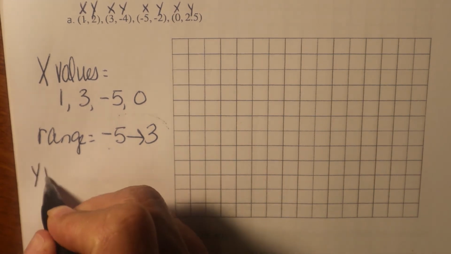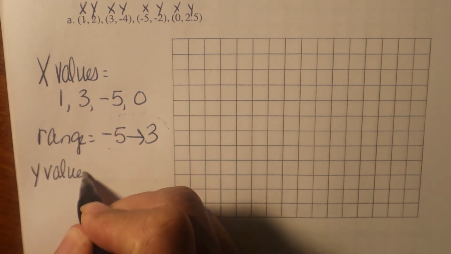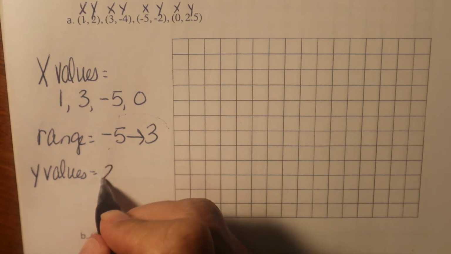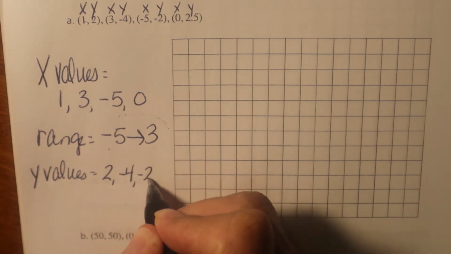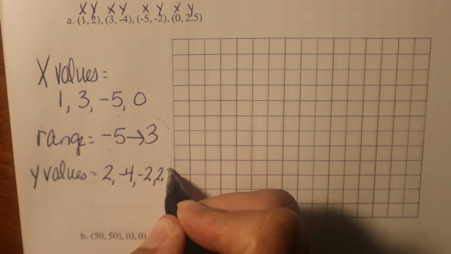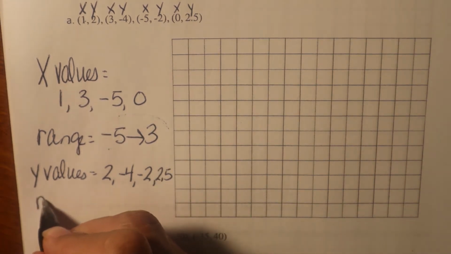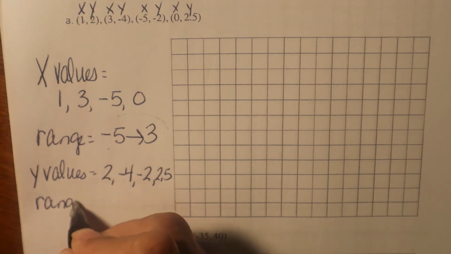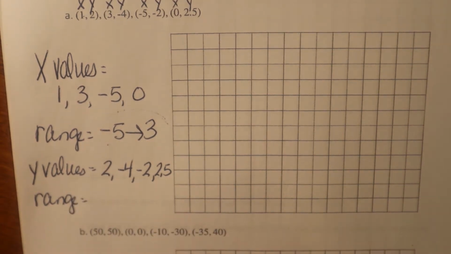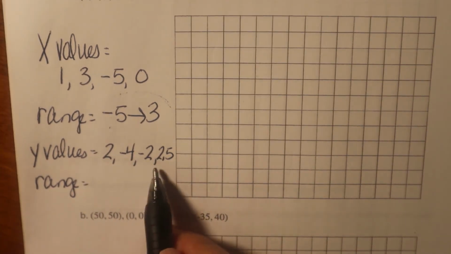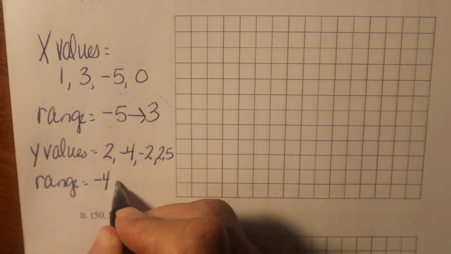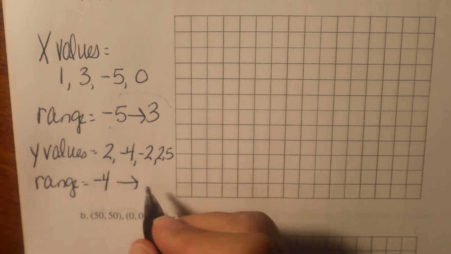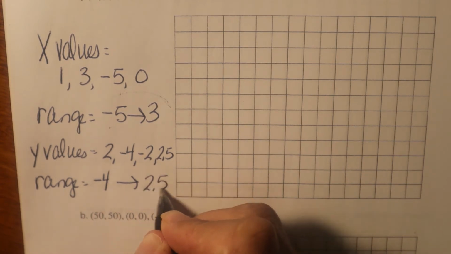So my y values, I'm just going to list my y coordinates: 2, -4, -2, and 2.5. I'm going to now do my range for my y coordinates. And my range would be my lowest, so that's my -4, all the way through my highest, which is 2.5.